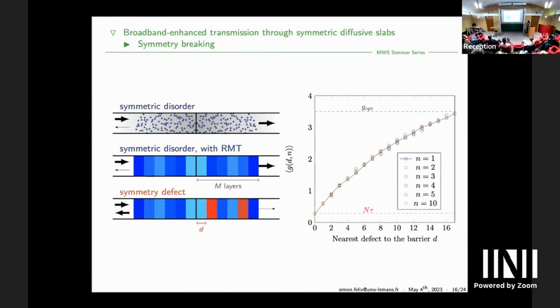The result is this one. The different colored dots give the number of slices I have modified, so in some way the amount of symmetry breaking relative to this symmetric situation. And in abscissa, it is the distance from the nearest defect to the barrier.